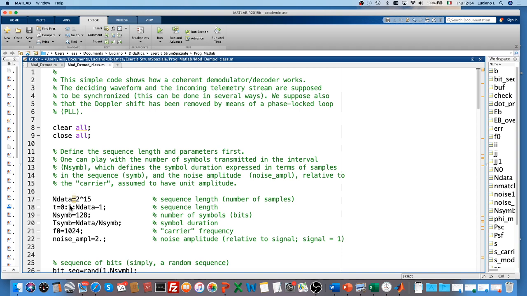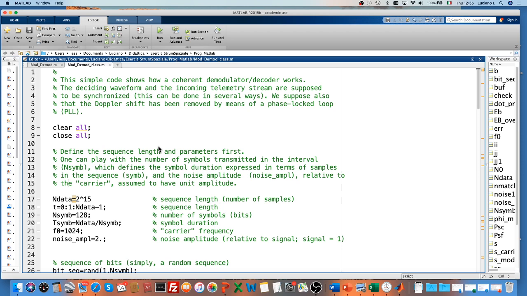So let us go through what this code does. As I said, it's not exactly the one that you may have downloaded from the website. This code, the one that I will show now, is exactly the implementation of the equations that we just saw.